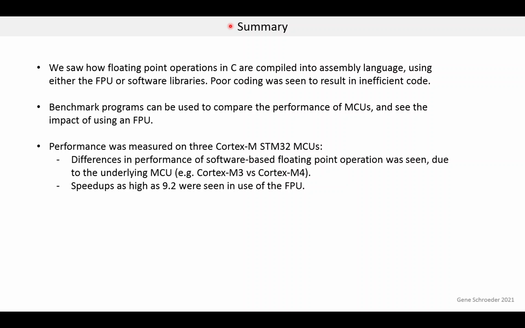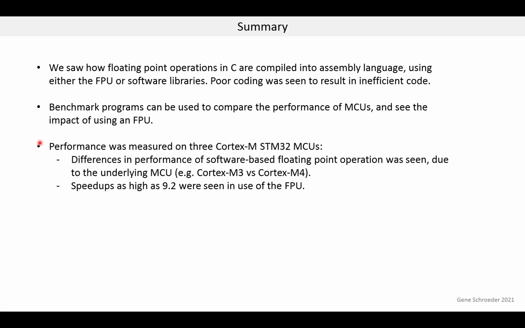So here's a summary of this video lesson, which I'll go through briefly. First, we saw how floating point operations in C are compiled into assembly language using either the FPU or software libraries. Poor coding was seen to result in inefficient code. We found out that benchmark programs can be used to compare the performance of MCUs and see the impact of using an FPU.